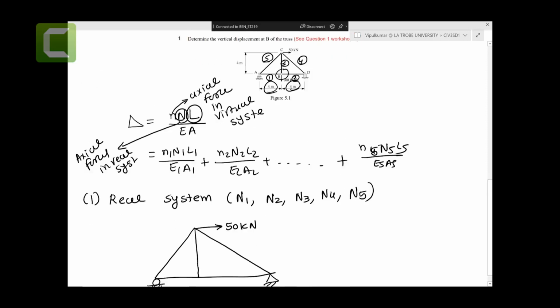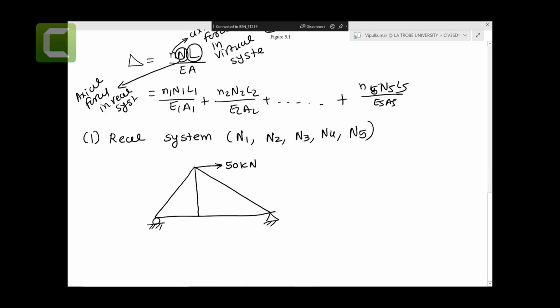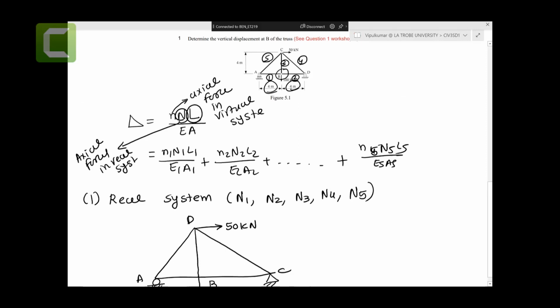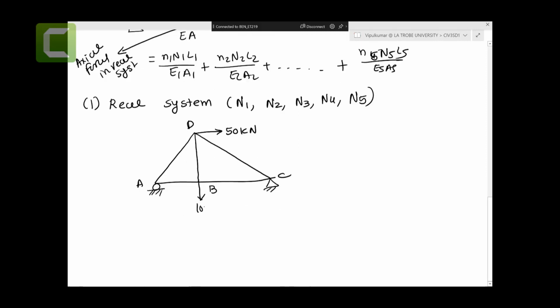We have A, B, C, and D, and we go down. Over here we have 100 kilonewtons. This is 4 meters, 4 meters, and 4 meters here. So that would be square root 32, I think. I just drew the truss again as given in the question.